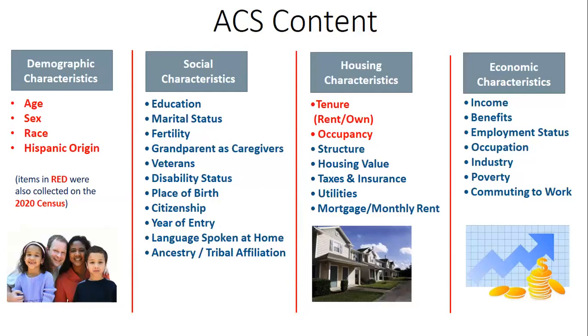We also have housing characteristics such as tenure, occupancy, structure, home values, taxes and insurance, utilities, mortgage and rent. Also have economic characteristics such as income, benefits, employment status, what occupations and industries do people work in, poverty, how long does it take people to get to work, and how do they get to work?